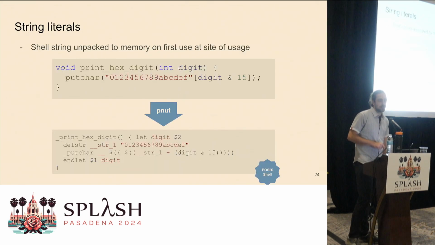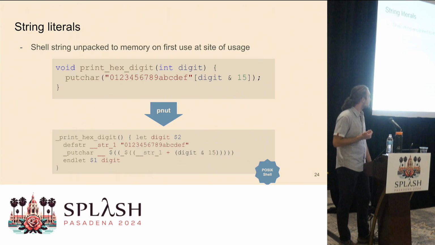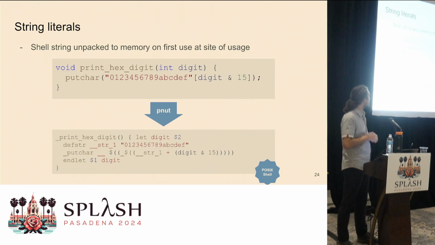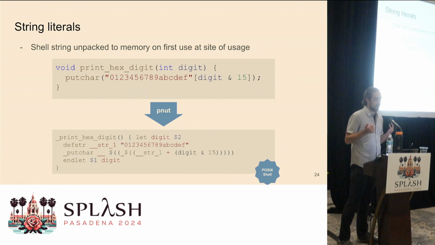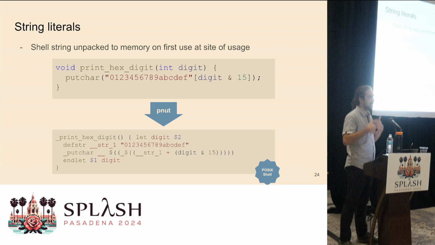And then another source of constants in C are string literals, and they don't have the same representation in C and in shell, so we have to convert from one to the other. We do that using the def string function. Whenever we encounter a string literal, we add a def string function call before that initializes the string, so it unpacks it into memory on the first time it's used.